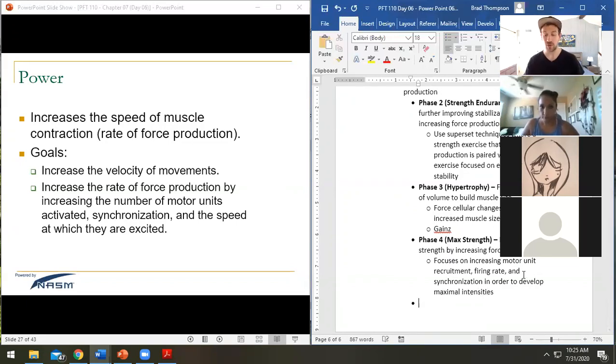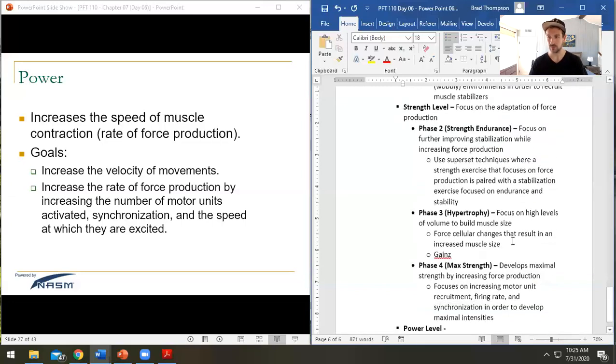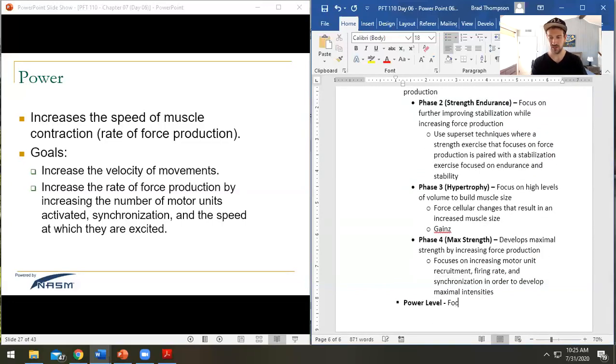And then the power level. This is going to be a level that primarily focuses on the adaptation of rate of force production, okay?